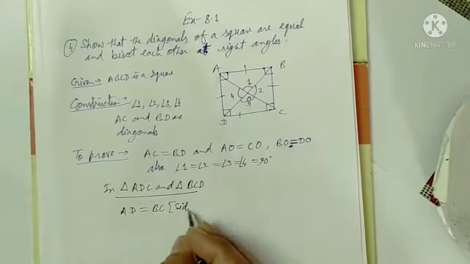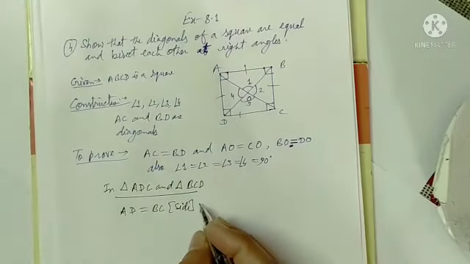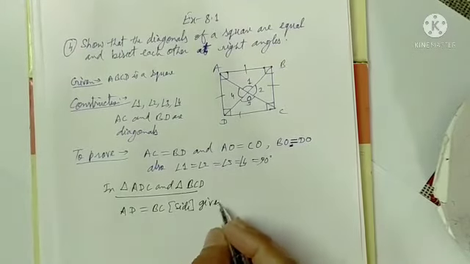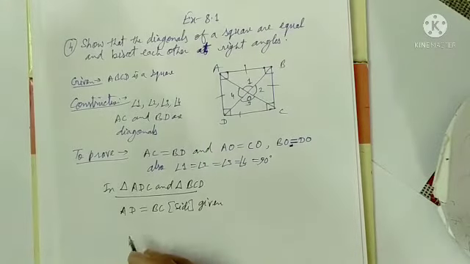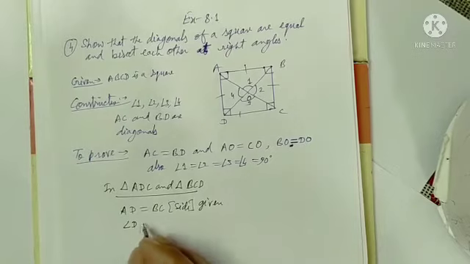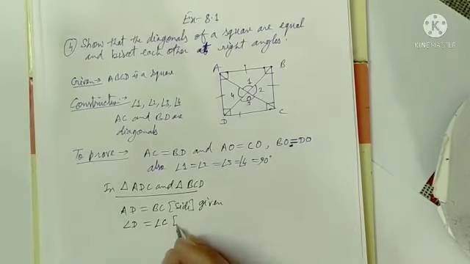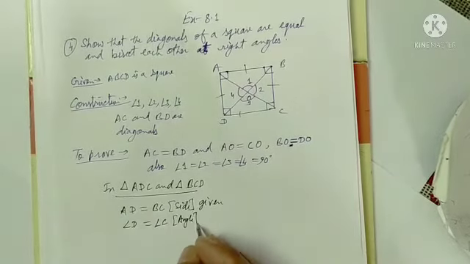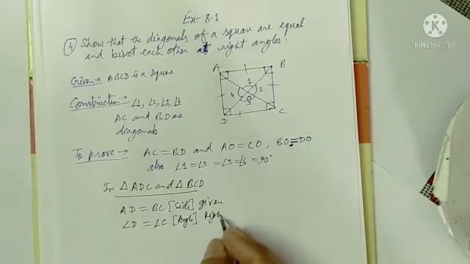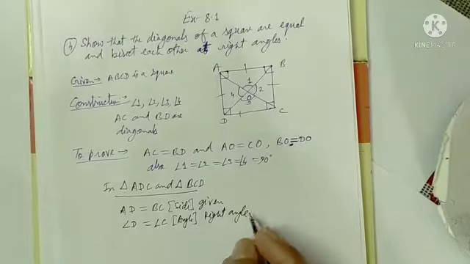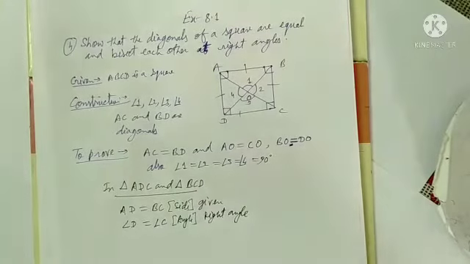These are equal sides. Why? The reason is given. We know all sides of a square are equal, so that is given. Then angle D is equal to angle C. Both angles are equal. Why? Because they are right angles, 90 degrees.